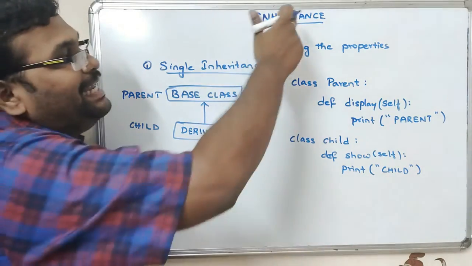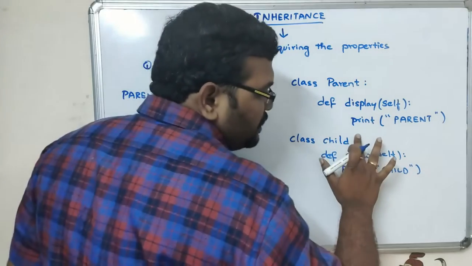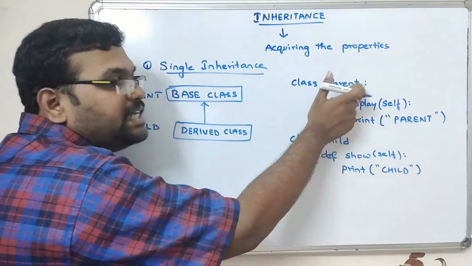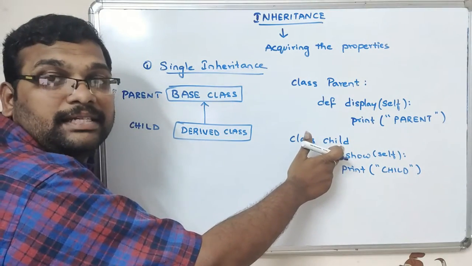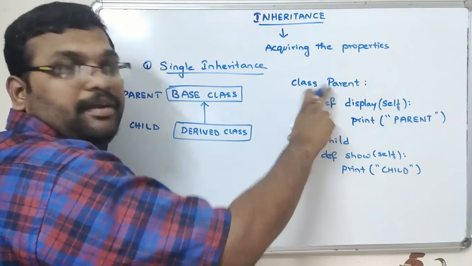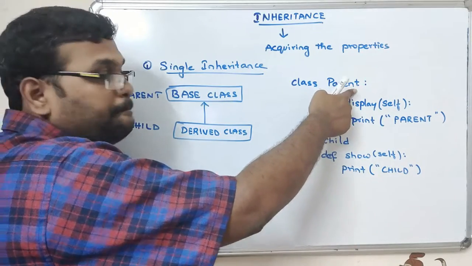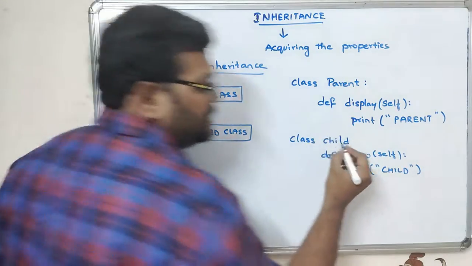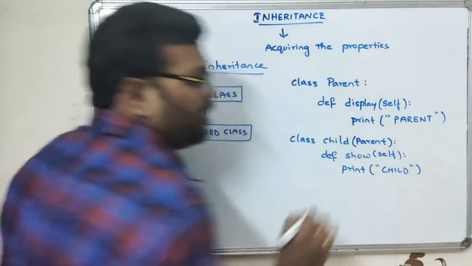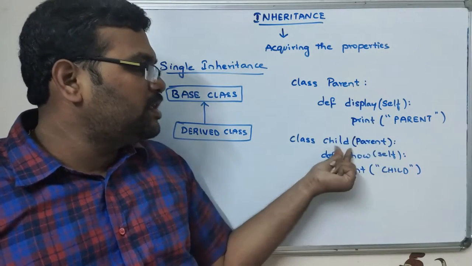Now the concept is inheritance. The child is inheriting the properties of the parent. For that purpose we have to pass the parent name, that means the base class name, as a parameter to the derived class. Here the child is a derived class which is derived from parent, so I have to pass the parent class, the base class, as a parameter to the child class.